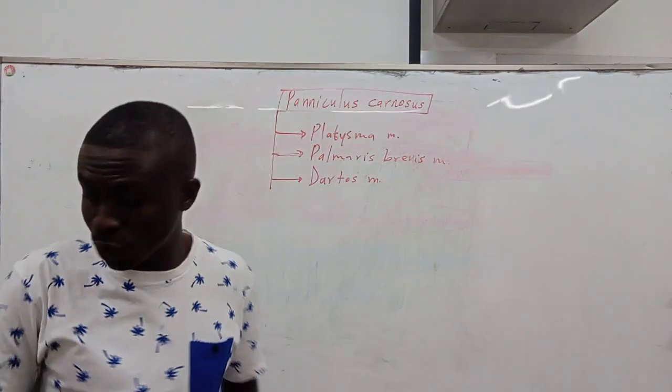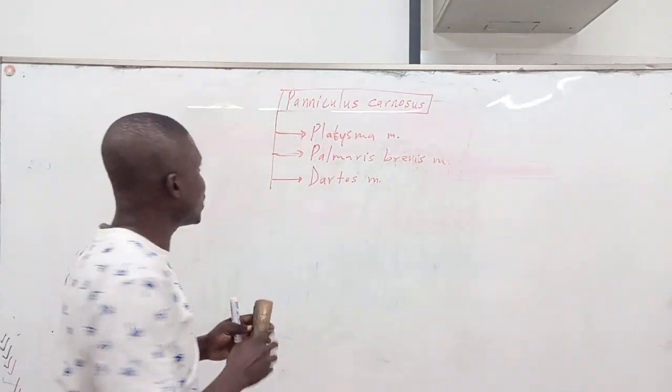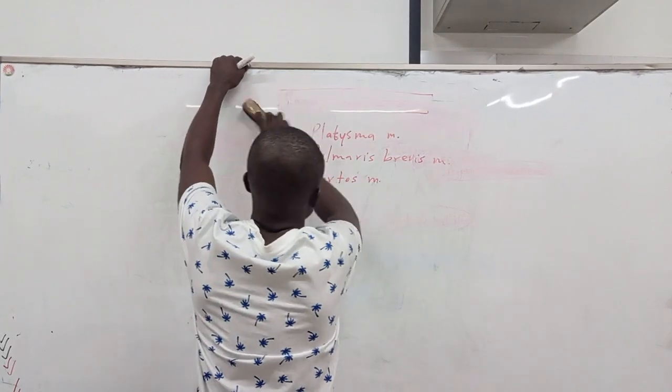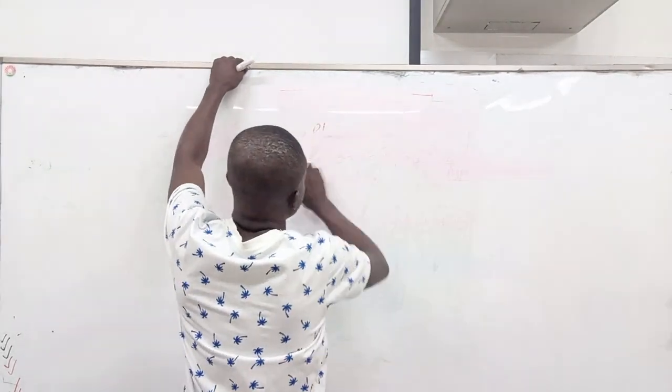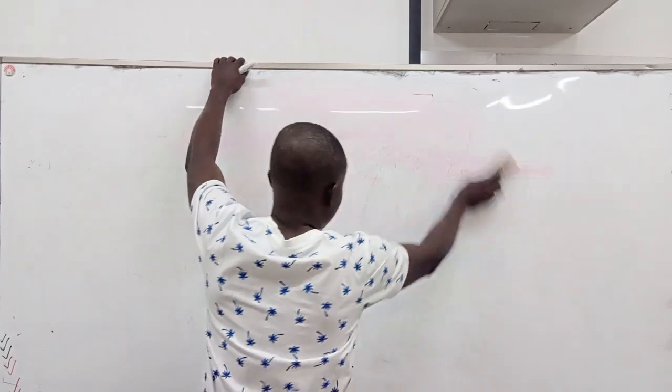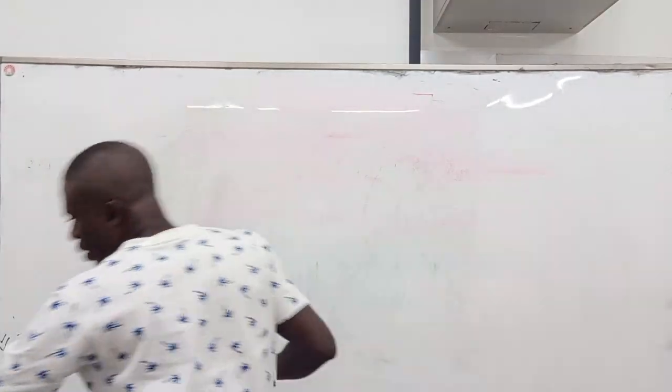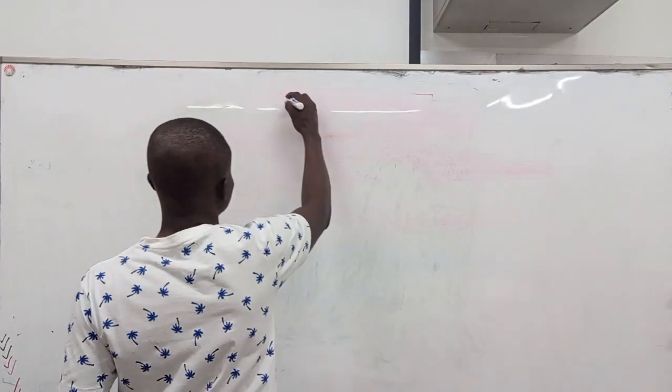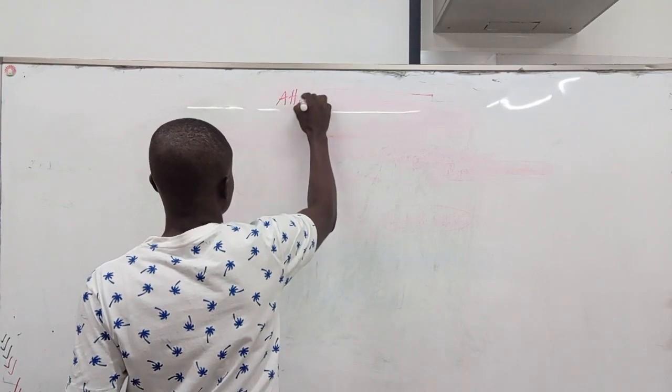So the first point, some key concept that I want you to be aware of, the first one is muscle attachment. Attachment of muscles. Now, it's saying that these skeletal muscles are going to attach to bones.